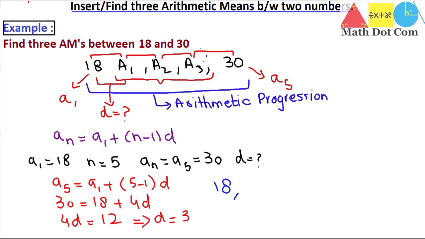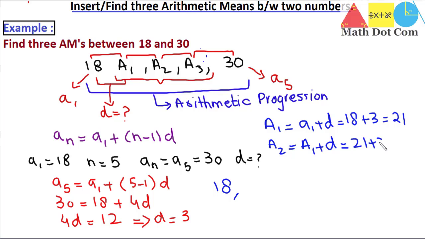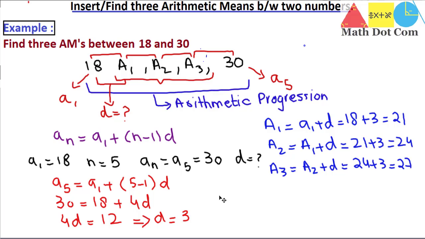So A1 equals 18 plus 3 equals 21. A2 equals A1 plus D, that is 21 plus 3 equals 24, and A3 equals A2 plus D, that is 24 plus 3 equals 27, and the last term is 30. So the sequence that comes out will be 18, A1 is 21, A2 is 24, A3 is 27, and A5 is 30.